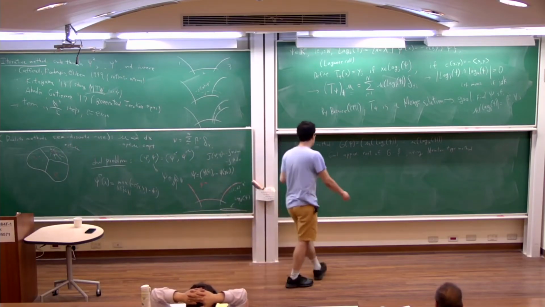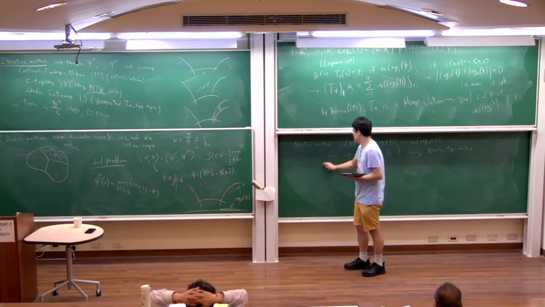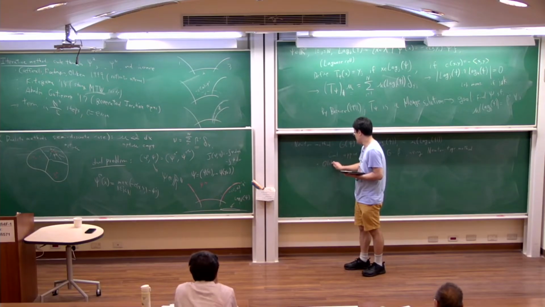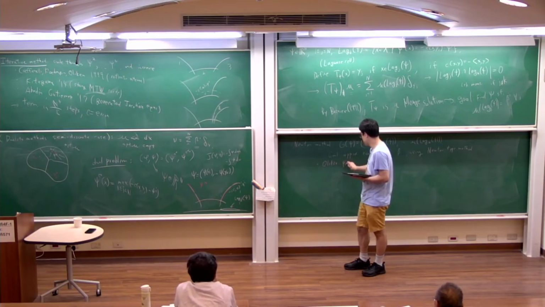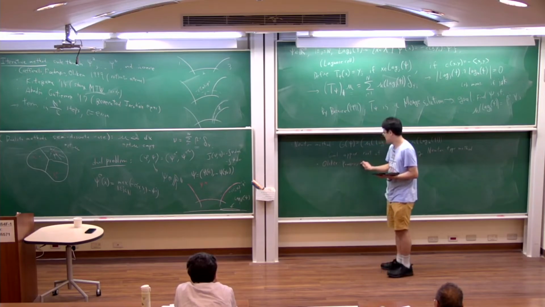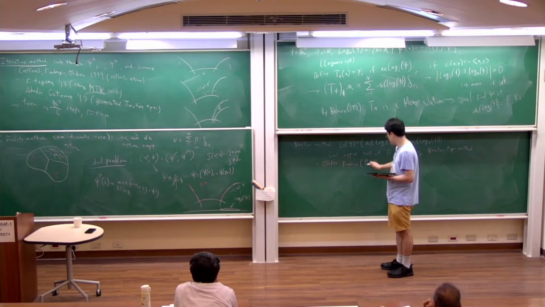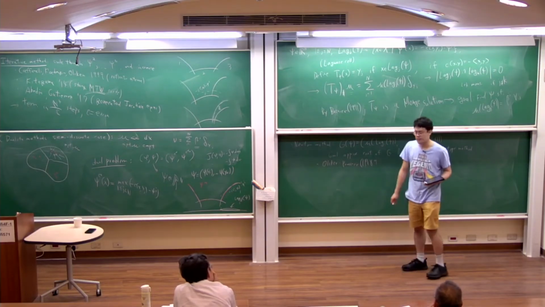So there's a number of results. The first probably attempt goes back to Oliker and Prussner. So this is 1989. Now this wasn't exactly in the context of optimal transport.